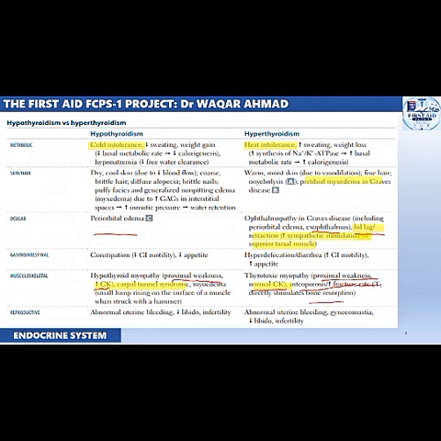And most important of all, you have to remember that hypothyroidism leads to carpal tunnel syndrome as well as myoedema, which are small lumps rising on the surface of a muscle when struck with a hammer. In addition, both hypo and hyperthyroidism cause infertility in males and females equally.